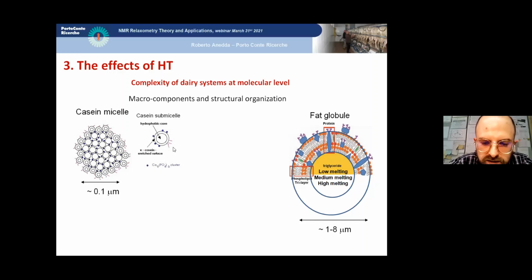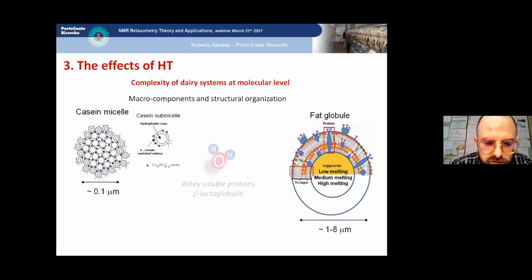Micelles are more or less hydrated, and this hydration is influenced by several parameters. For instance, pH influences this, temperature, like thermal treatment of milk, and in turn it greatly influences, of course, NMR relaxometry parameters. The interaction between water molecules and other milk components is of great importance in defining the NMR relaxometric results.